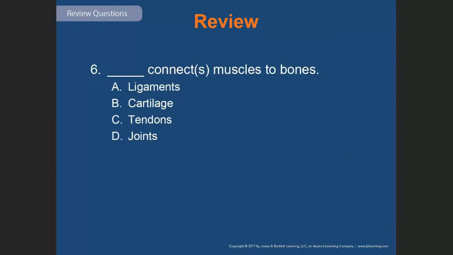All right. A tendon connects muscles to bone, right? Seeing a lot of C's. That would be appropriate, I believe.